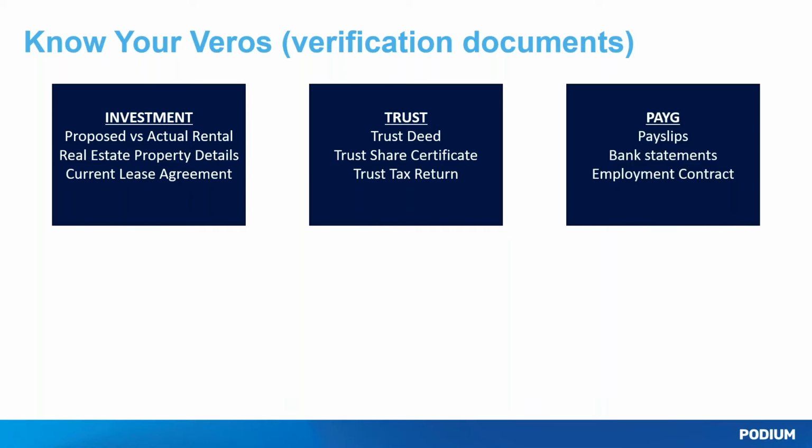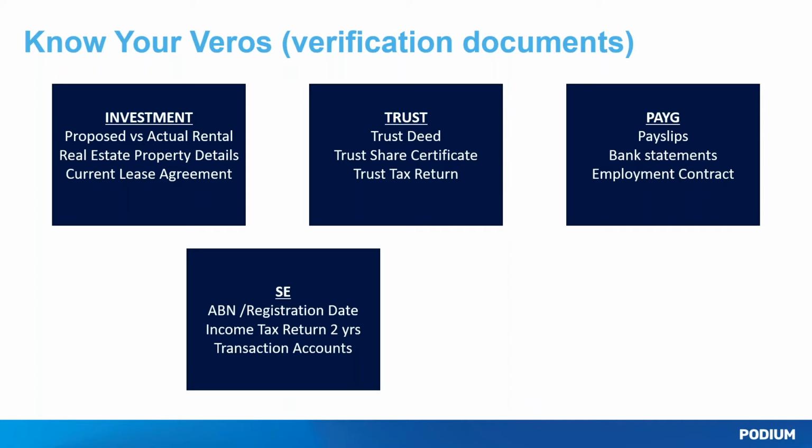Okay, next section I've got, if the members or the parties that make up your trust are PAYG income earners, you'll definitely need to look at things like pay slips or bank statements, or potentially an employment contract. Pay slips and bank statements are generally the easier to obtain for our PAYG customers who are part of a trust application.